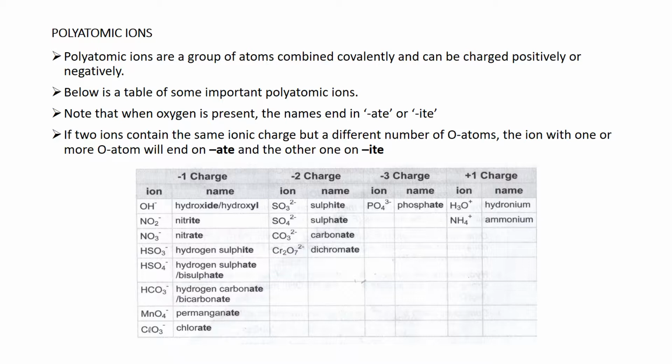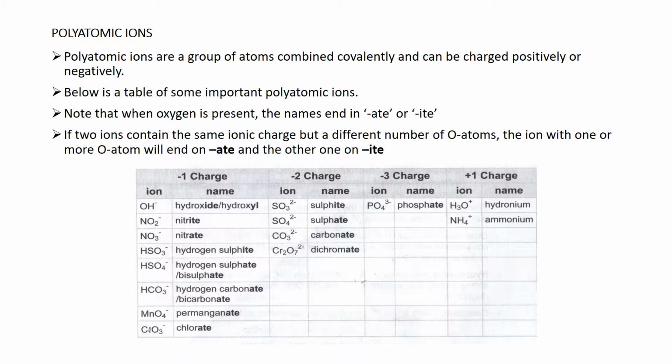That is why sulfate ends in ATE, because it has one more oxygen atom compared to SO3 2-, and the other one, which is SO3 2-, will end in ITE.